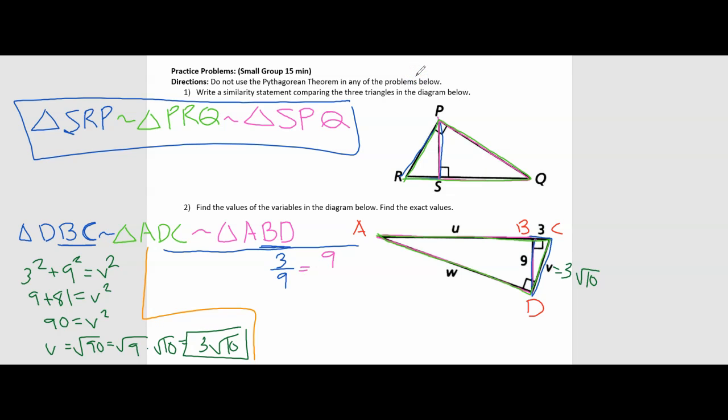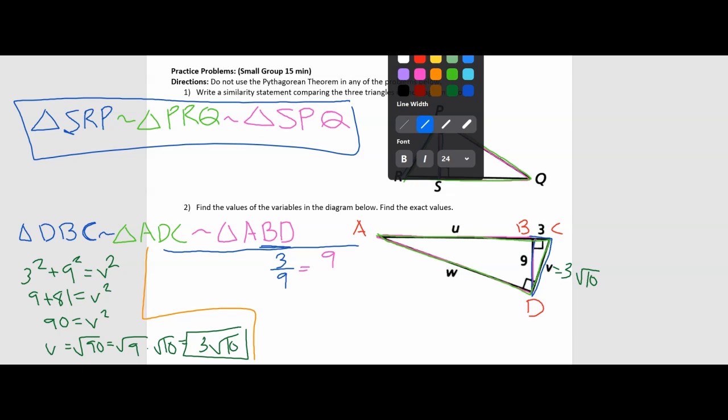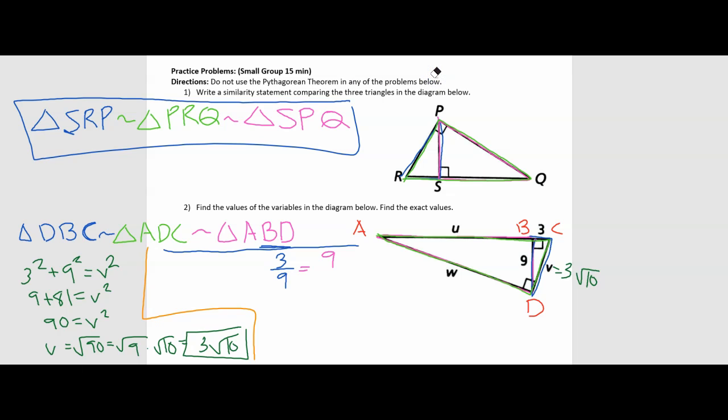So 9 corresponds with 3. If I look at the 9 side for the blue, 9 is BD for blue. So BD is in the first 2 spots, which means I'm going to look at the first 2 spots of my pink, which is AB, which is U. Let's do that in pink, though.